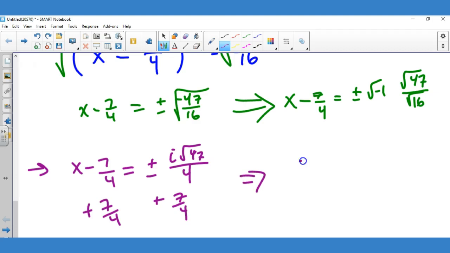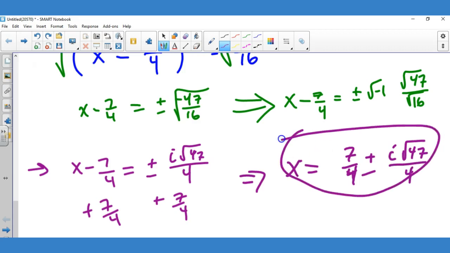So we end up with x being 7 over 4. Remember the plus or minus is right here. So plus or minus i square root of 47 over 4. Here is our final solutions right there. All right.